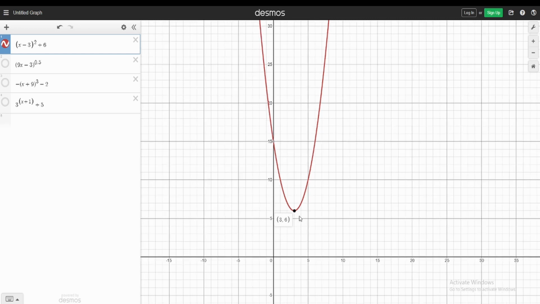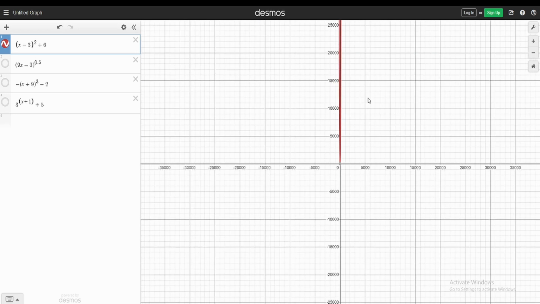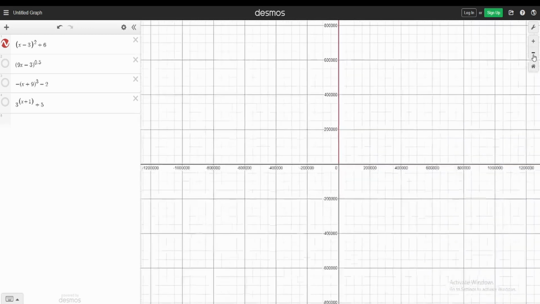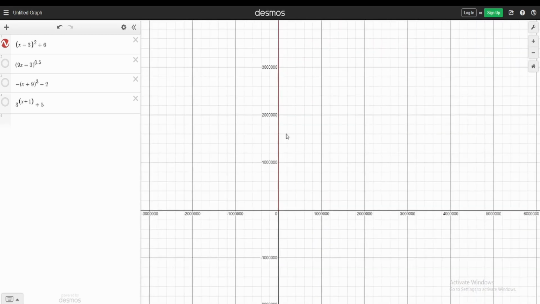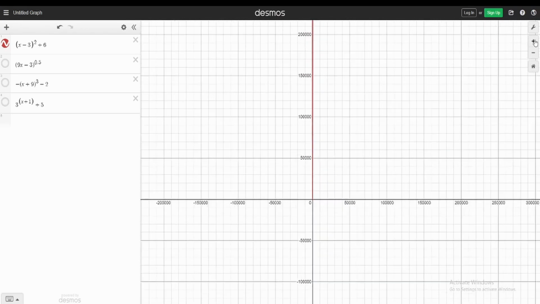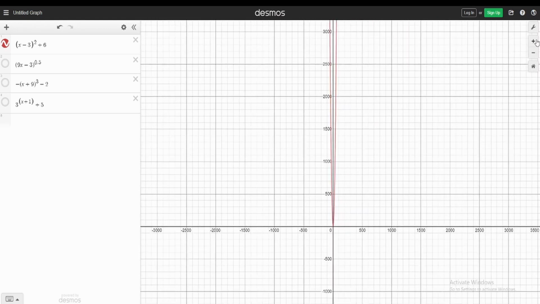So our domain, if I zoom out, you can't really see, but you notice that there's no value that it can't acquire. It's just that it's really difficult to see on Desmos because of the scaling, but take my word for it, it's correct.